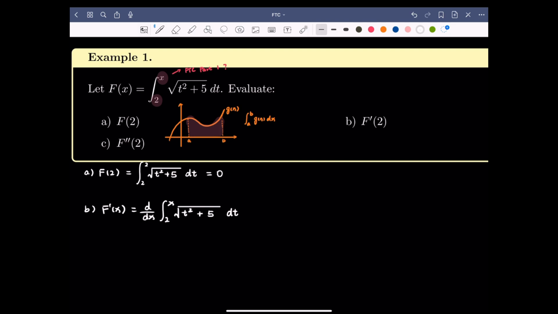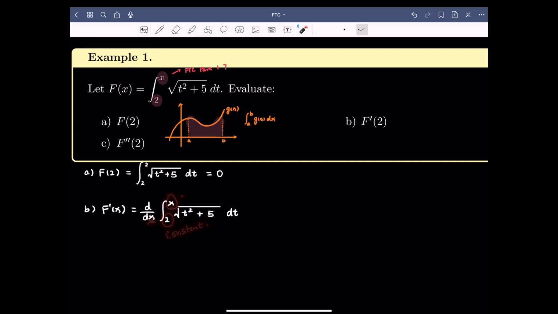Now, well, looks like we need to use the fundamental theorem of calculus part 1, but before we do that, let's check if everything matches. First of all, this integral is not about x, right? It's another variable. Second, you have a constant here. 2 is a constant. You have a function of x which matches here, right?